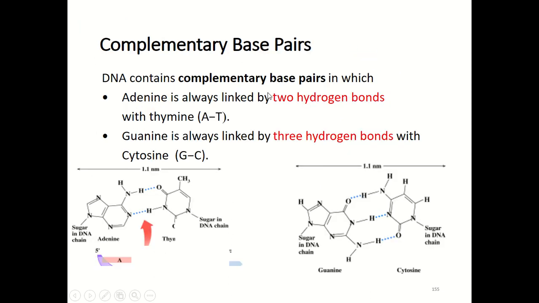Okay, so remember, adenine is always linked by two hydrogen bonds with thymine. So this is adenine and this is thymine. They are linked together by two hydrogen bonds. And guanine is always linked by three hydrogen bonds with cytosine. We have guanine over here and cytosine. They are linked by three hydrogen bonds.